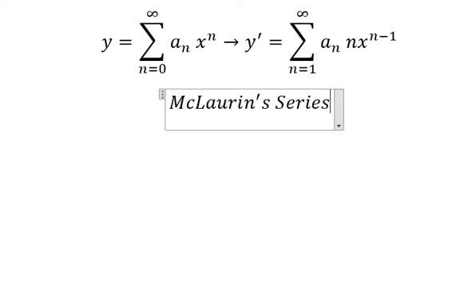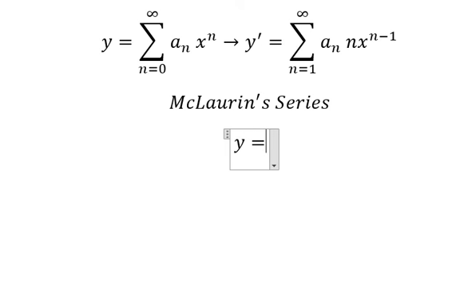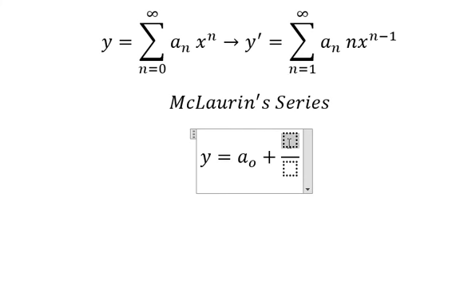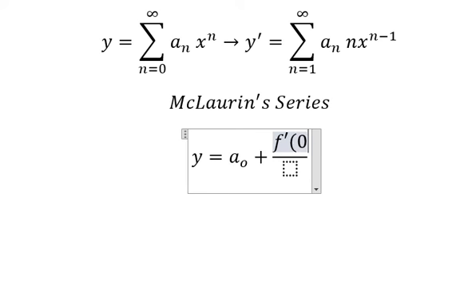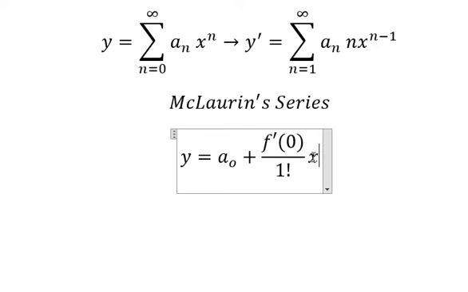series. So the formula for this situation, we got about y equals to a number 0 plus we have first derivative at number 0 and we have 1 factorial multiplied by s.